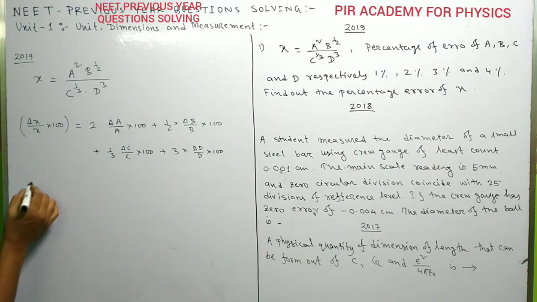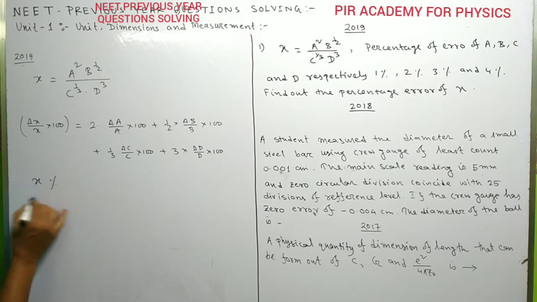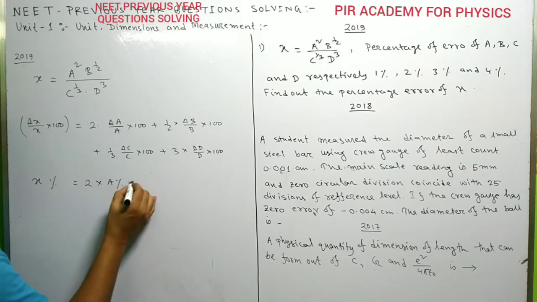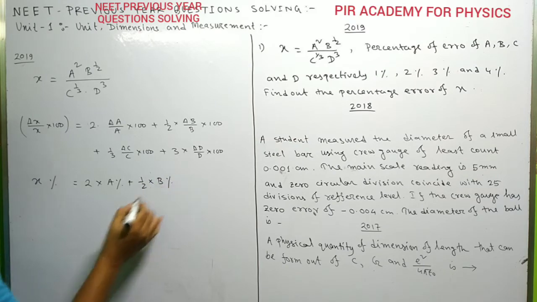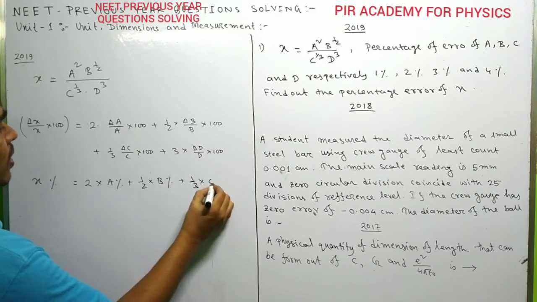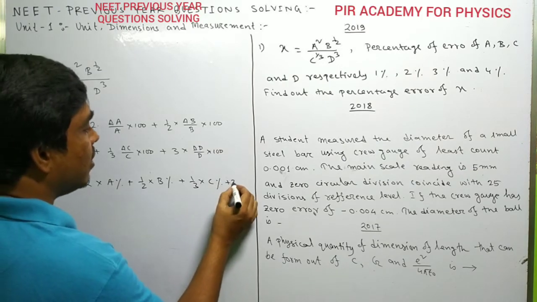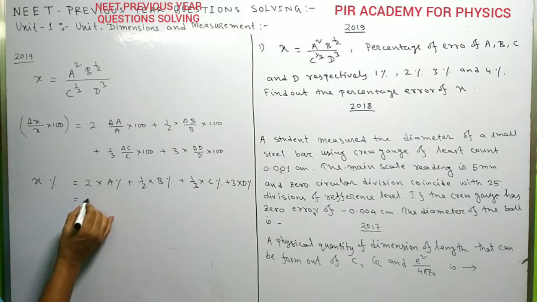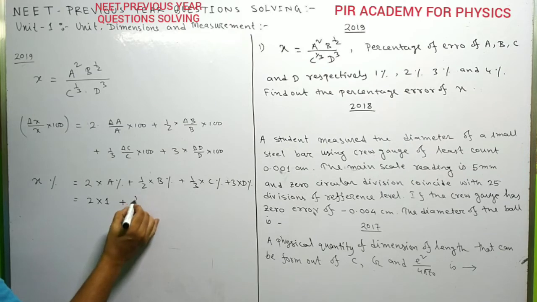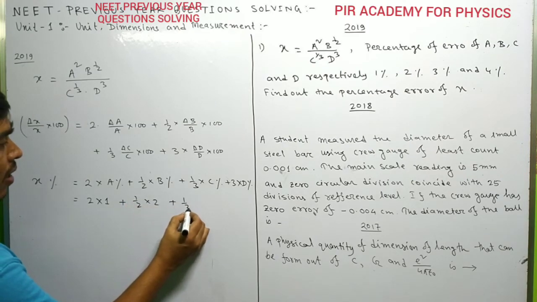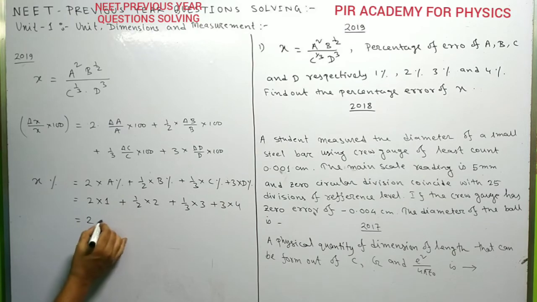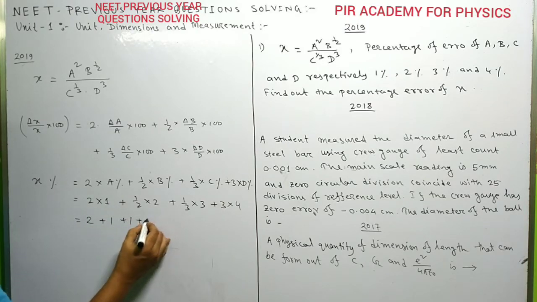Or it can be expressed that the percentage error of X can be written as 2 times the percentage error of A plus half into the percentage error of B plus 1/3 into the percentage error of C plus 3 into the percentage error of D. Now here you have to put the values of A, B, C, D. That means the percentage error of A was 1%, B is 2%, C is 3% and D is 4%. So it will be 2 plus 1 plus 1 plus 12.